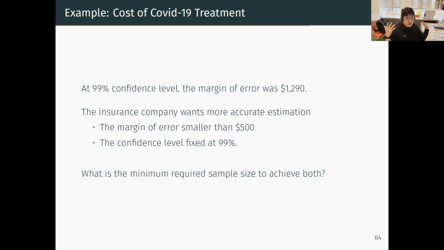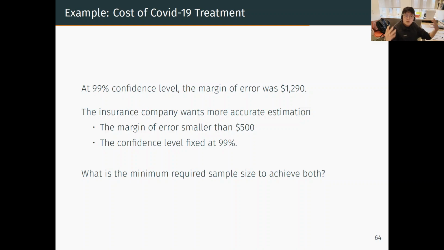So the company wants a more accurate estimation. So the new target is a margin smaller than $500 and no sacrifice of the confidence level at all, like 99%. We would like to maintain 99% accuracy, but I don't allow a margin of error of more than $500.